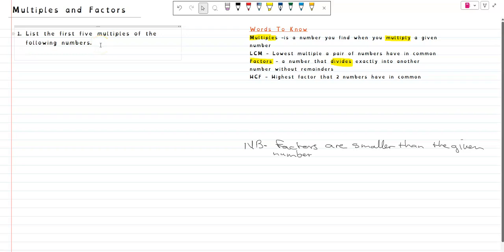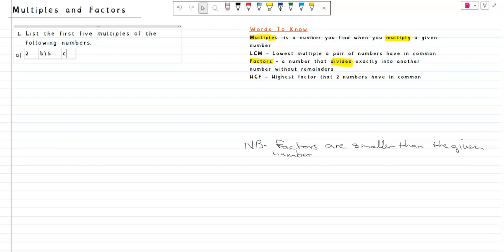So we have question A, which is 2. B is 5. And remember, we always do about 6 because the first 3 are the easiest ones and the last 3 are the difficult ones.